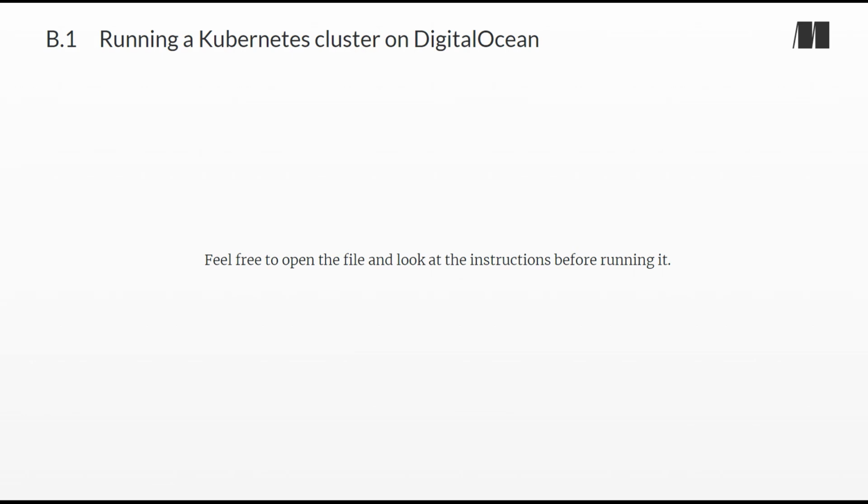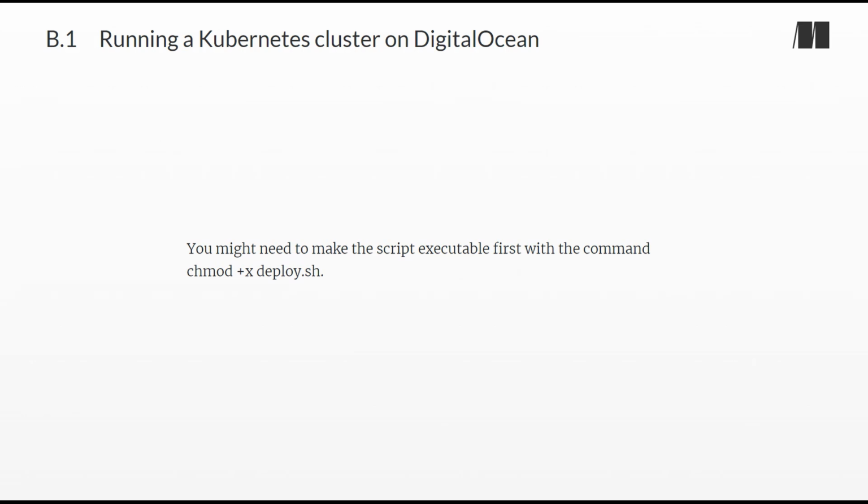See this code? Feel free to open the file and look at the instructions before running it. Note: you might need to make the script executable first with the command chmod +x deploy.sh. In the next section, you'll see how to initialize a PostgreSQL database on DigitalOcean.